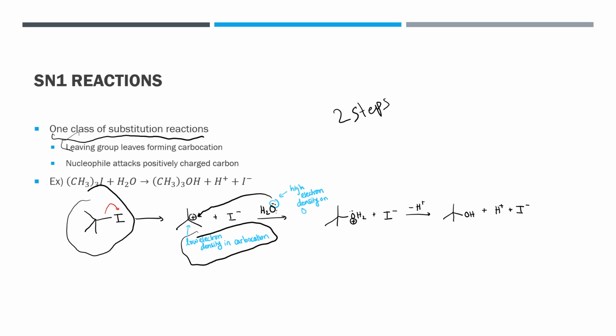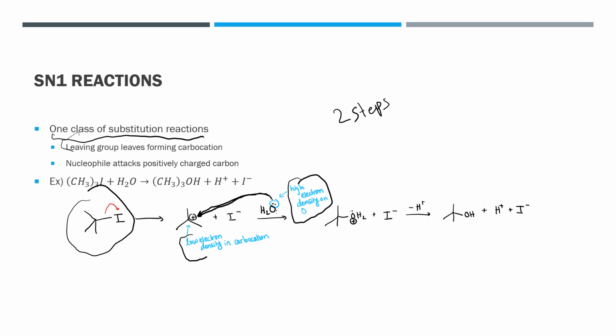And say this is in a water solution, right? Say this is in an aqueous solution. If this tert-butyl iodide is in an aqueous solution, there's water all around it. So after iodide leaves, the oxygen in water has a lone pair. This lone pair can go and attack our carbon, because a lone pair implies that there's a high electron density on that oxygen.